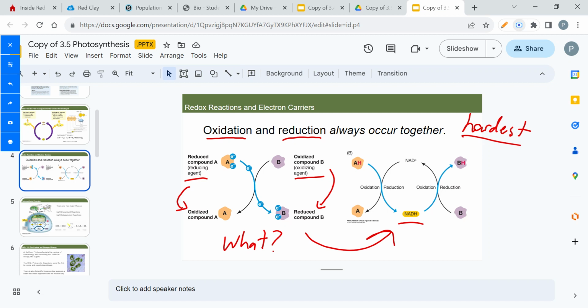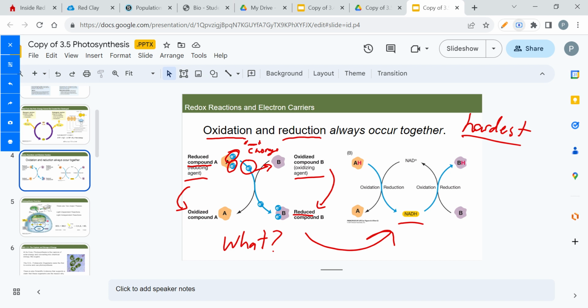Now, for a reducing compound, take a look. We have these electrons right here. These electrons are negatively charged, correct? So this negative charge goes onto some other molecule, and because that molecule is getting a negative, it becomes reduced.